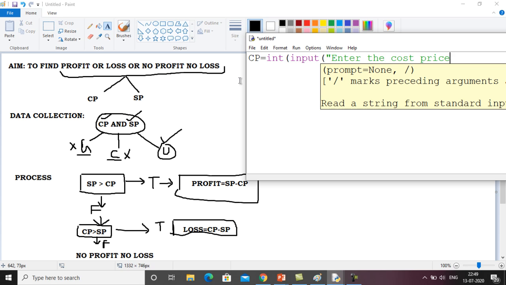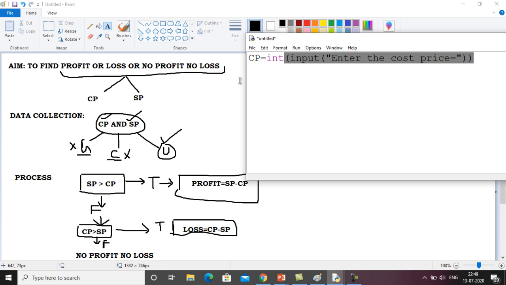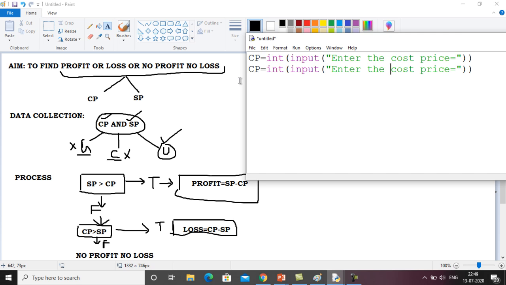Similarly we will take the value of selling price also, so we write enter the value of selling price, and here SP. Now we have taken the selling price and cost price, and my data collection part is over. Now I have to switch over to the process part.